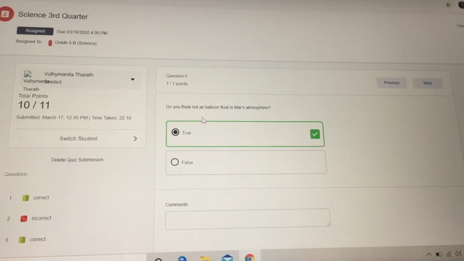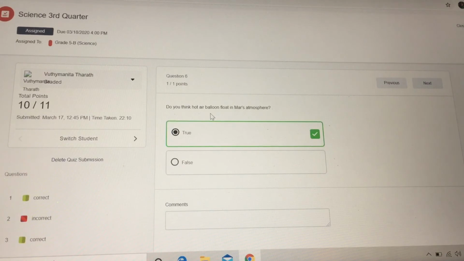Next one, do you think a hot air balloon will float in Mars's atmosphere? And the answer is correct. Yes, it's true. Why? Because the atmosphere in Mars is quite the same as Earth's. However, Mars is kind of hotter than the Earth, but it doesn't affect the hot air balloon.